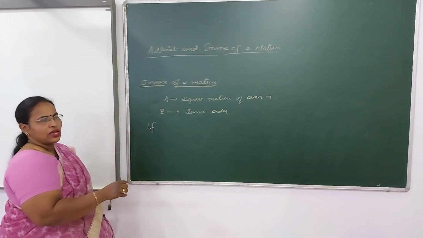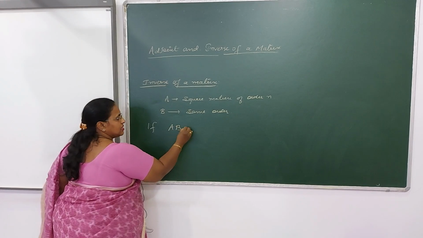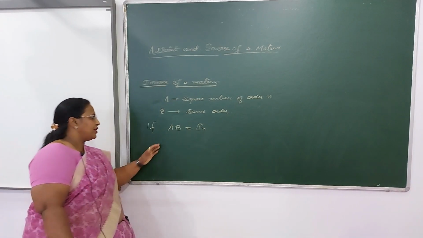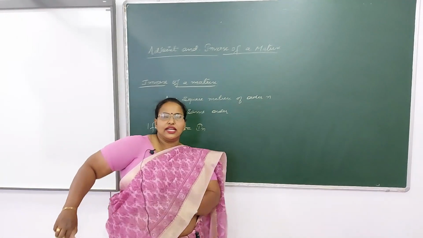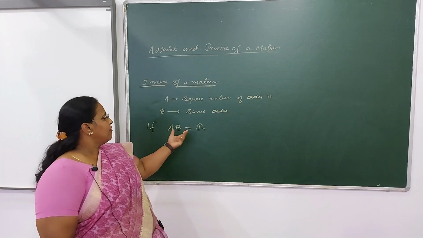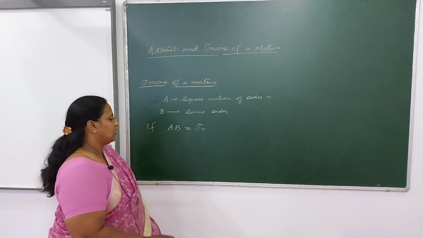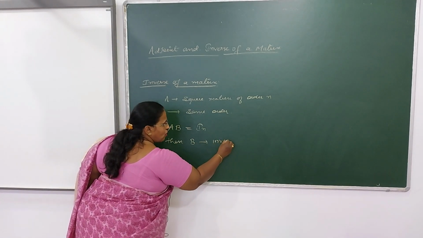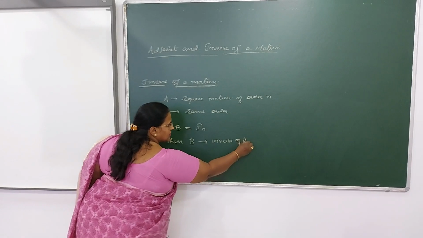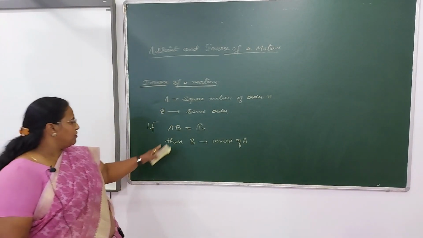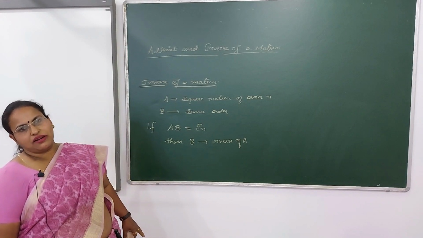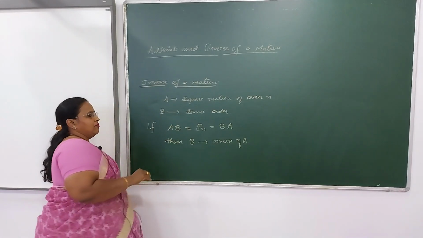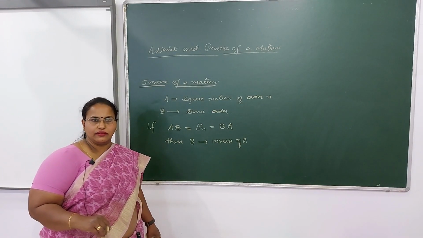If the product of the two matrices results in an identity matrix, AB is equal to I n or it is equal to BA, then B will be called the inverse of A.